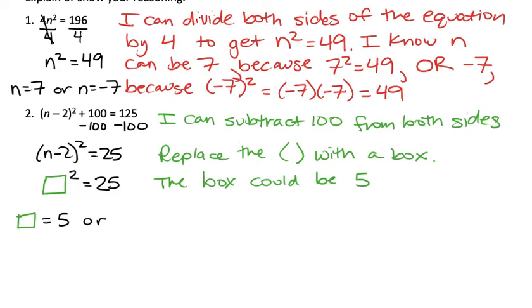Or the box could be negative 5, because negative 5 times negative 5 is also positive 25, just like we saw in number 1. So the box could be 5 or minus 5. Now what does the box equal? Well, the box is equal to n minus 2. So now I can replace the box with n minus 2.